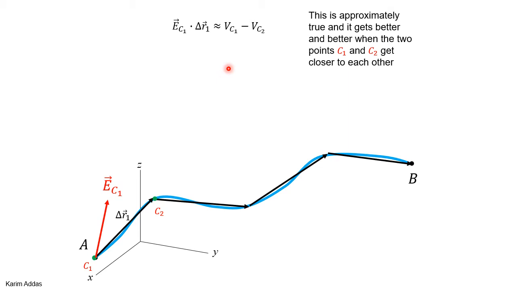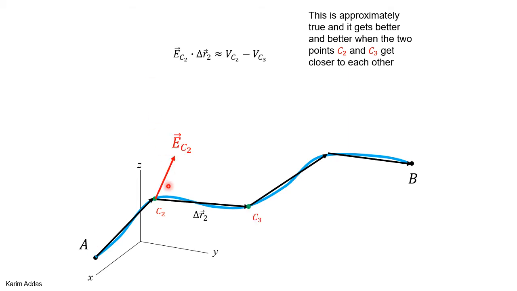So if you want this to become exact, you just need to cut up this path into an infinite number of parts. Then it will become exact. I'm just doing this file so to illustrate the idea. And then you can get C2 minus C3, knowing the electric field at 2 and the displacement vector. Again, it's a dot product.